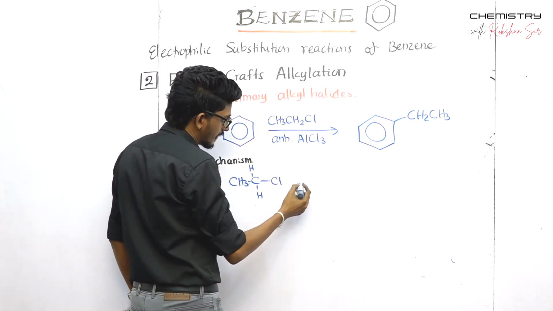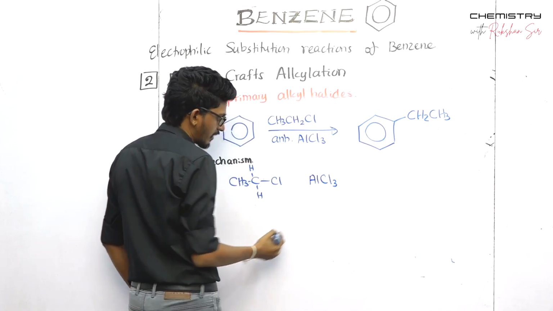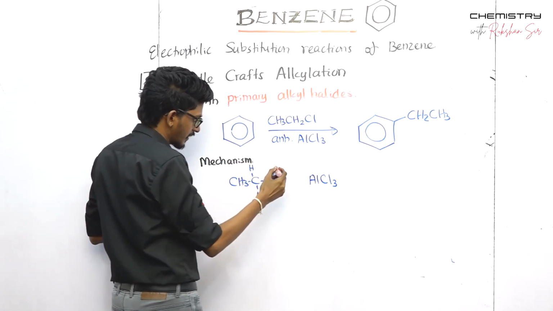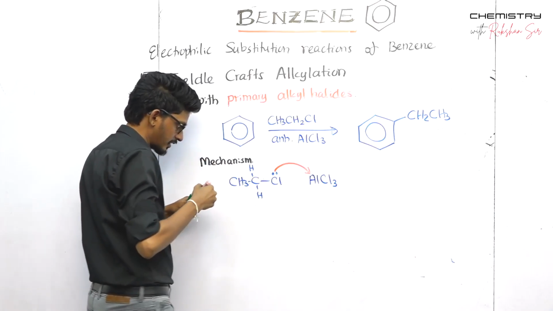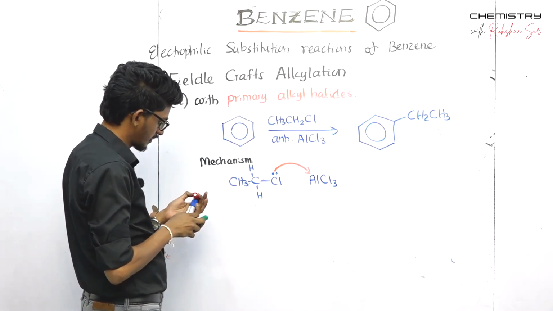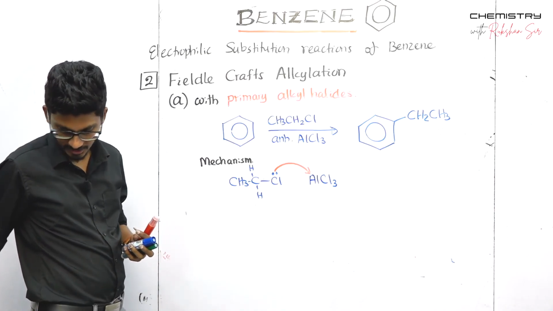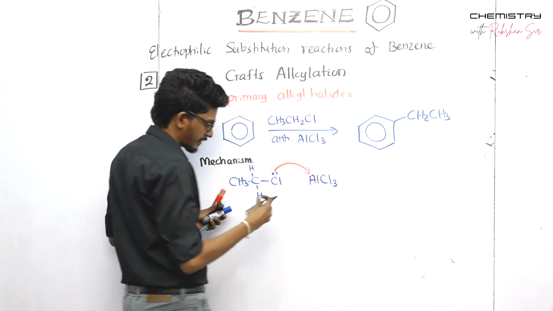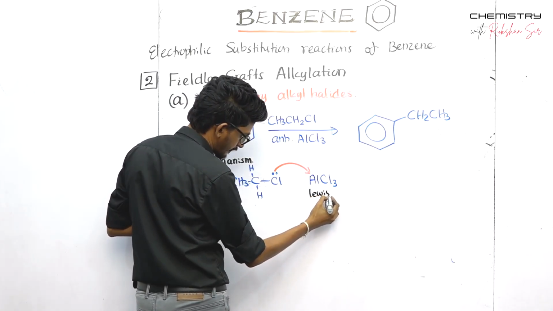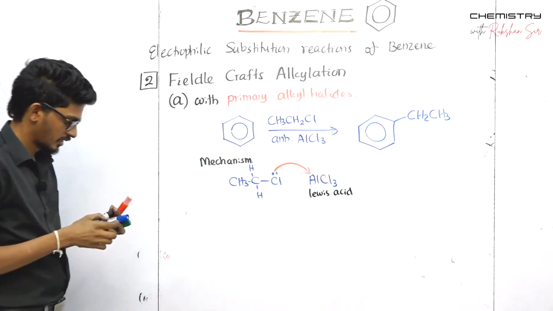So you have the catalyst here, AlCl3. What happens here? Like in the earlier case, the dative bond, right? As this one is the dative bond acceptor, we can mention it as a Lewis acid. So what will happen there?